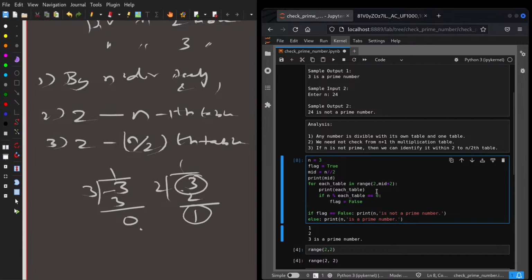Okay, now the loop is running, and something we have to fix over here. We understood that if it is divisible by 0, it is not a prime number.